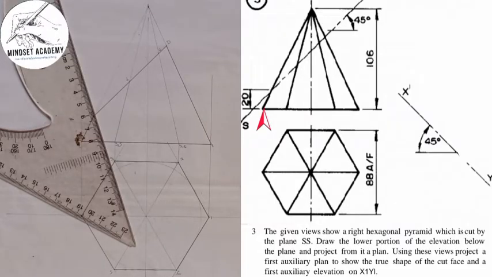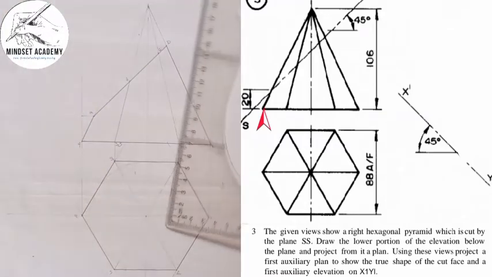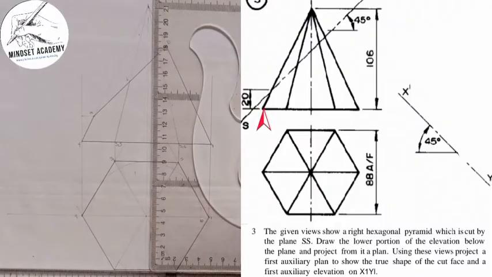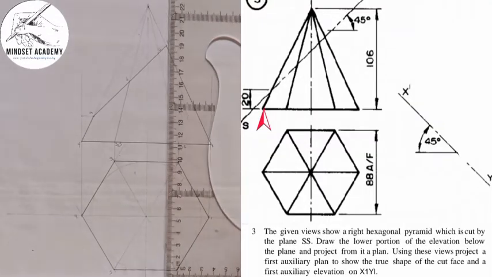Now the next thing is those points, I'll start projecting them down. Let's project them down and see how it goes. So I place my set square, my T-square, and I start projecting each of those points down.